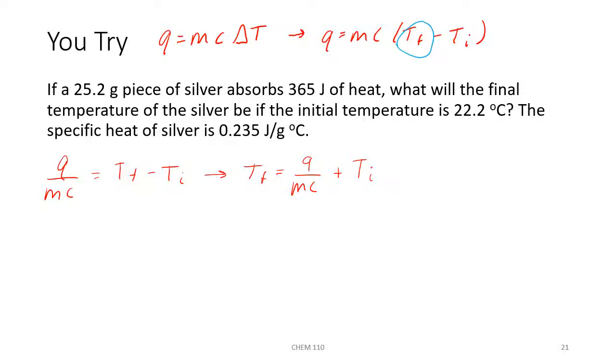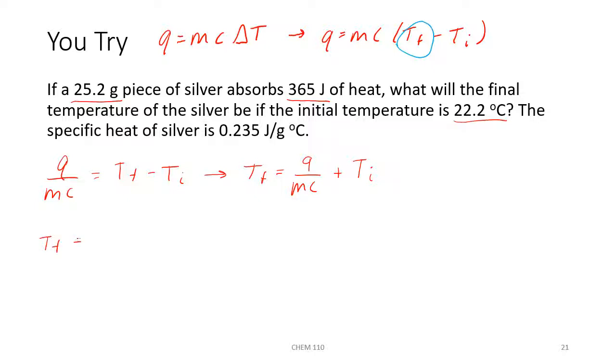Next, we want to make sure all of our units are okay. Everything needs to cancel with the units on specific heat, which are joules per gram degrees Celsius. So our heat, or Q, is 365 joules. Our temperature is 22.2 degrees Celsius, and our mass is 25.2 grams. So everything is in the appropriate units.